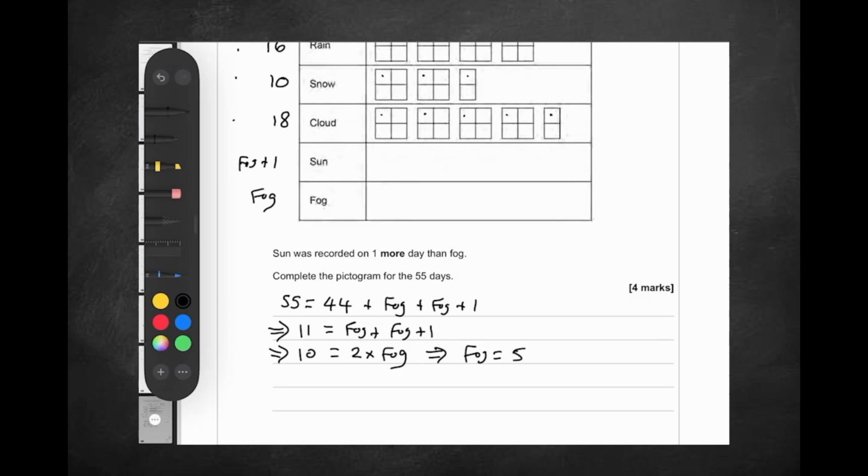Therefore fog equals 5, which means we need to have 5 in here and 6 in here, and we will draw that by putting our big square of 4 in both of these. One square here and 2 squares here.